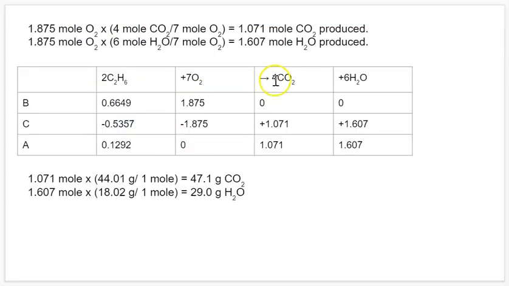And then for the CO2 and the water, I just used their mole ratios, and I got an addition of 1.071 moles of CO2 and 1.607 moles of water. And then I can use their respective molar masses and convert them to grams, like you see here. So this is the dimensional analysis slash BCA way of doing this.